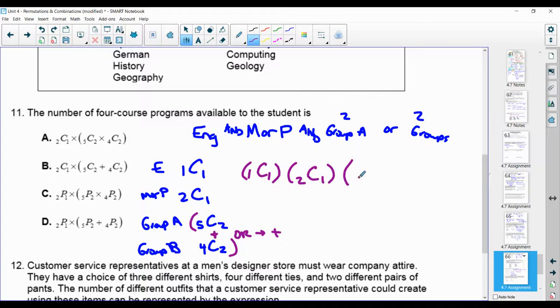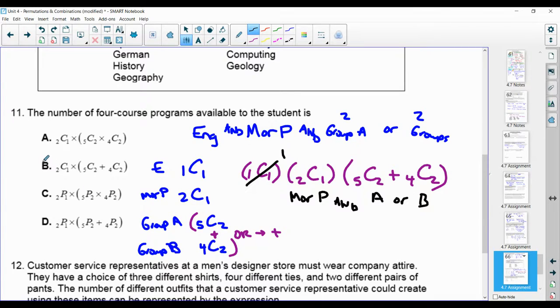So group A or group B. And so often, again, we won't see the 1, choose 1 there because 1, choose 1 just represents 1. So those are the ways that we can choose math or psychology and either group A or group B. And so our answer is B.